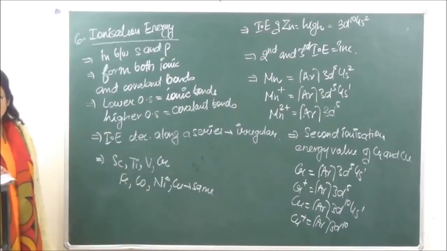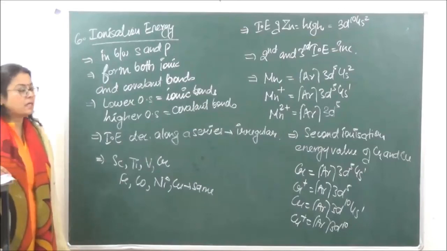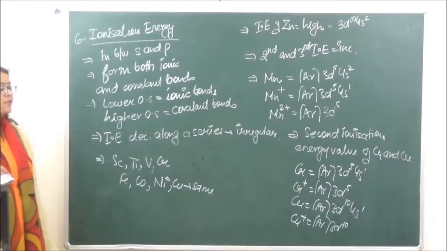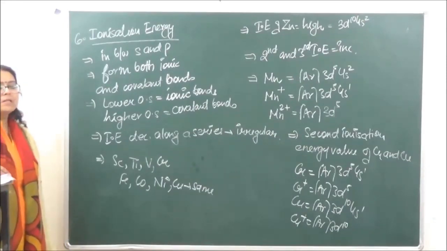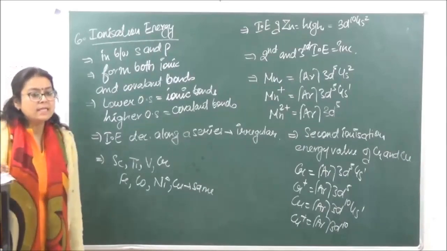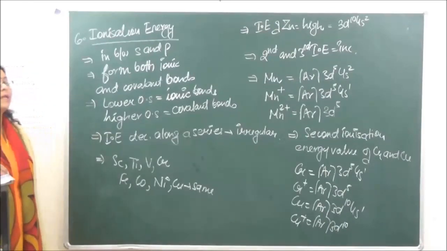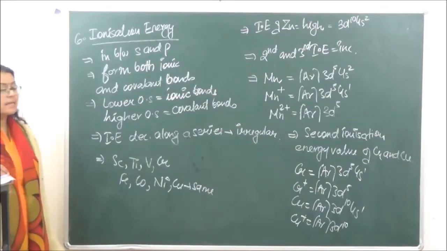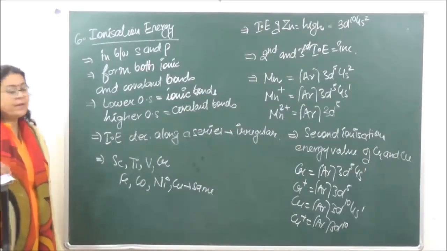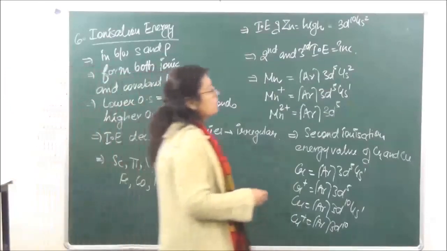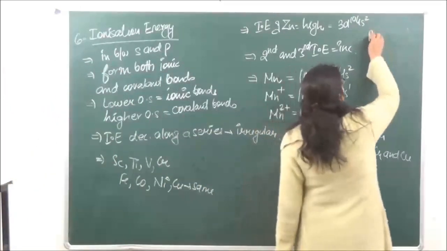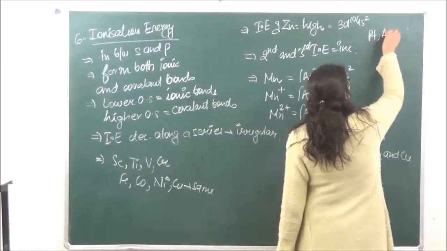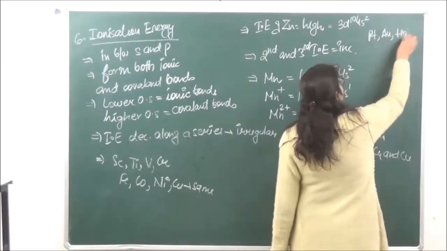Now, just because of the lanthanoid contraction, the members of the 5d series are going to be inert. They do not have much reactivity. Examples we can take over here from the third transition series, the 5d series, are platinum, gold and mercury.